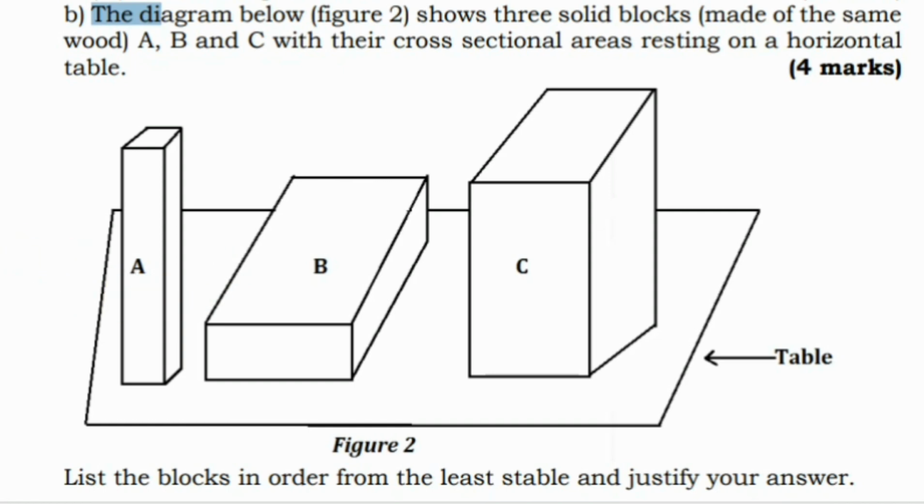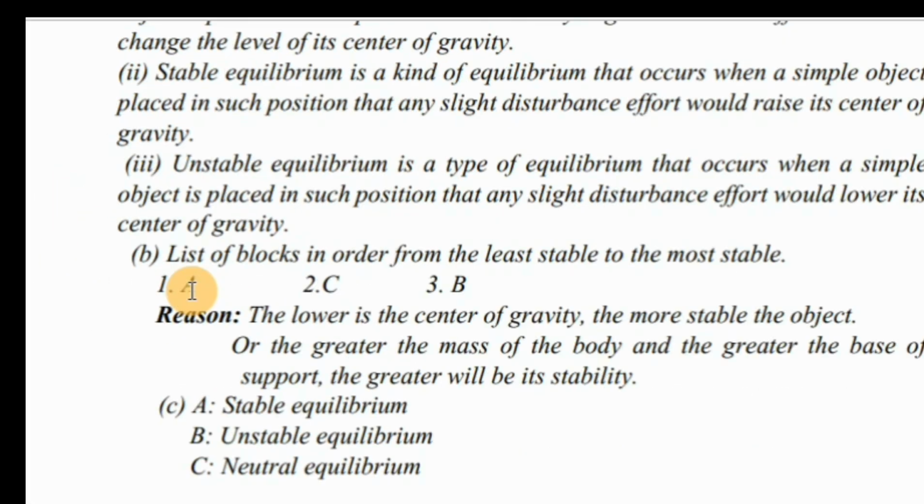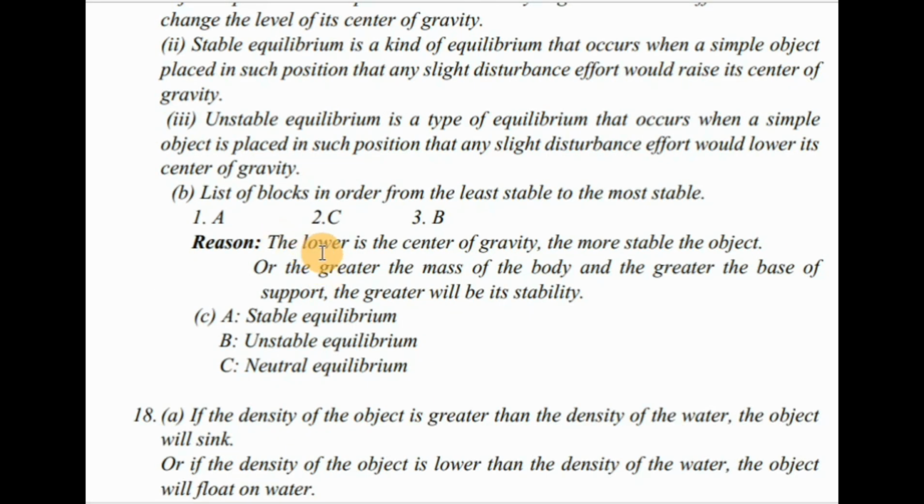As you see, A is least stable, followed by C, and the one which is more stable is B. And the reason: the lower the center of gravity, the more stable the object. As an object has a low center of gravity, it is more stable than any other object.